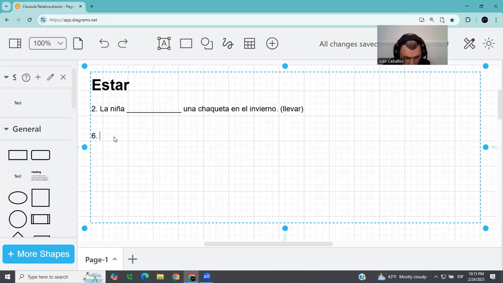So this is what the book says: Yo blank dos bolígrafos y tres lápices a la clase de matemáticas.